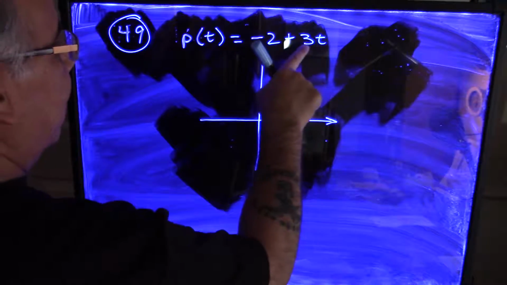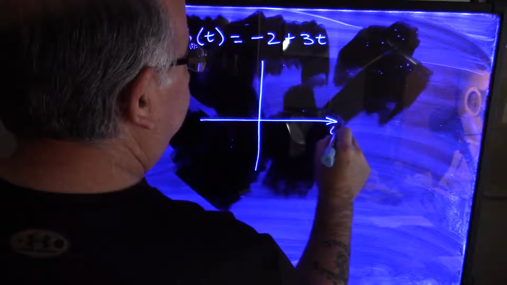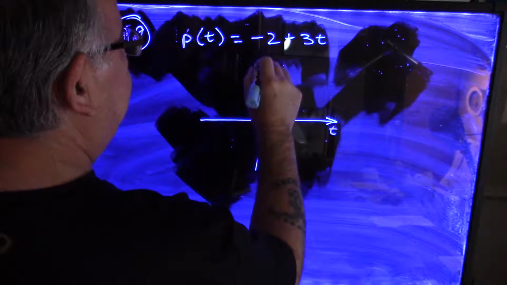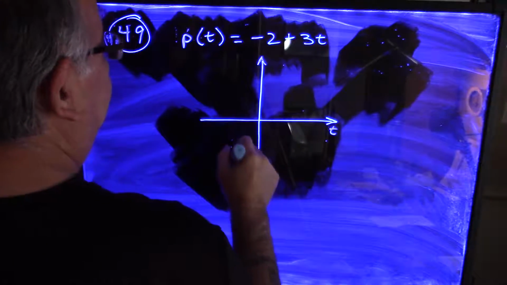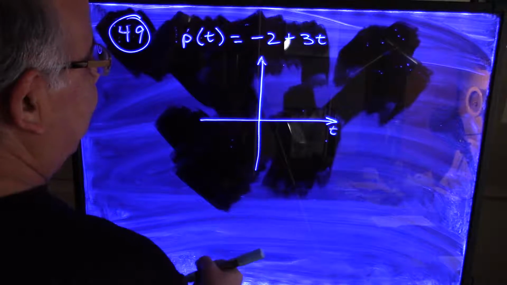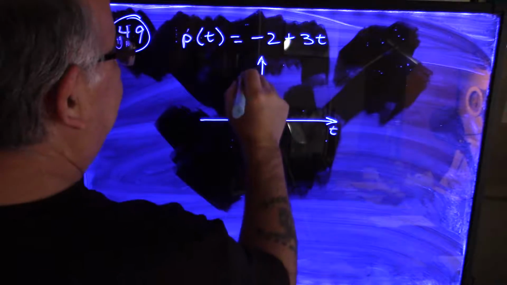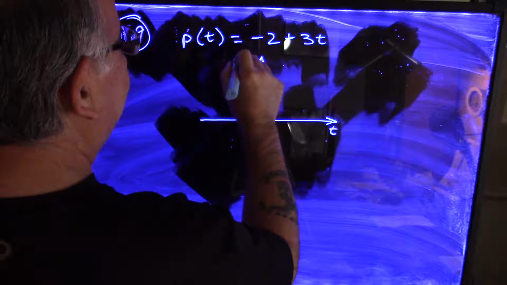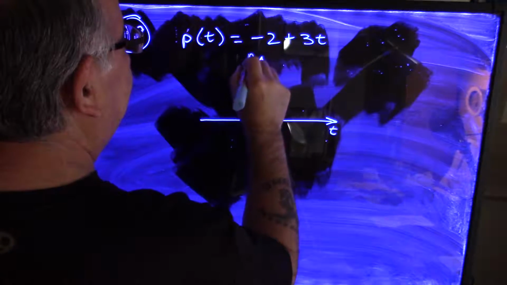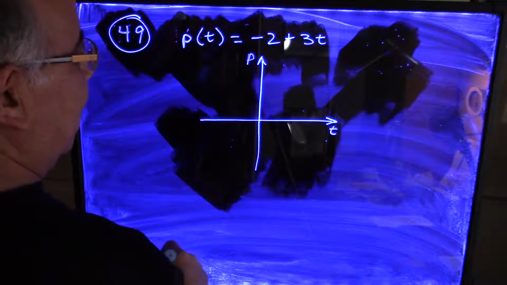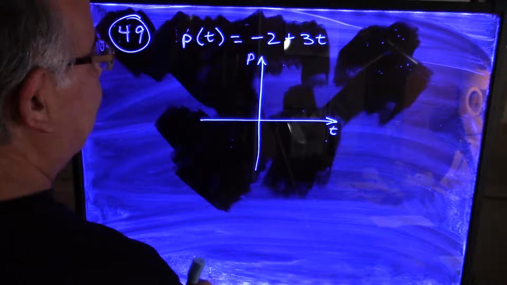That's your independent variable, t, usually stands for time. And you could call that a y-axis if you let y equal p of t, or just call it p or p of t. I'll just call it p. Maybe that's population, who knows? Population with respect to time.